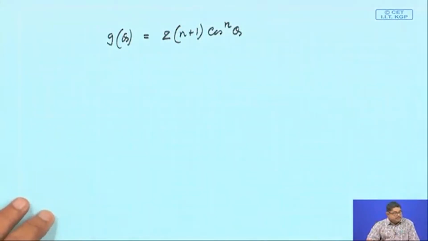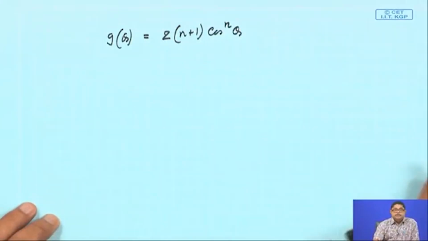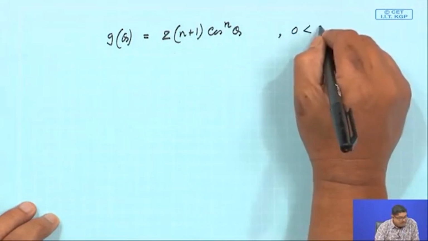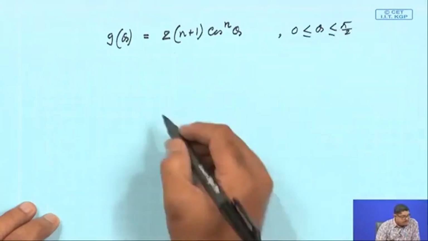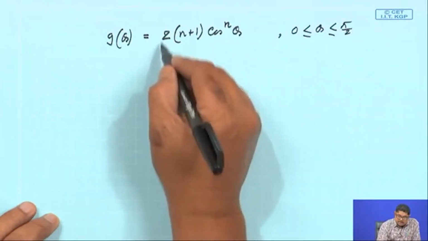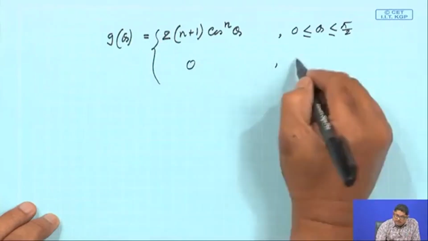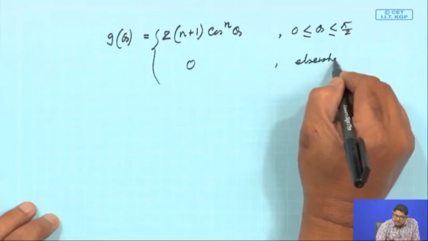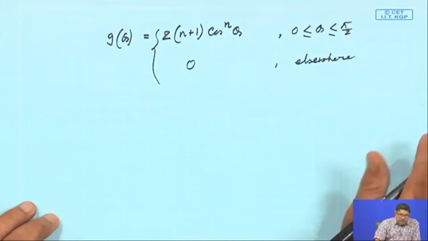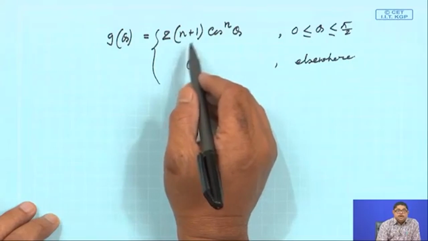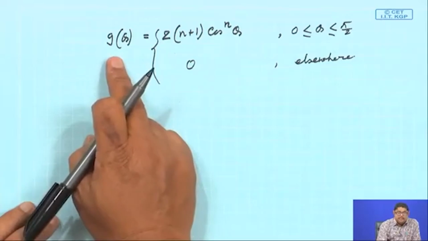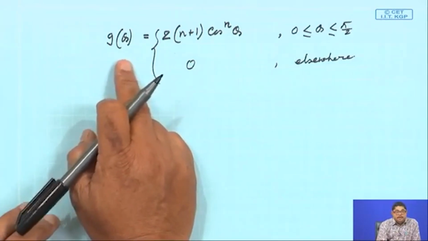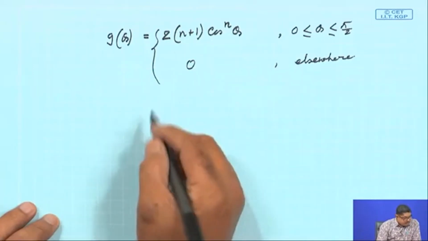That means, instead of sec 4 theta, we take cos theta to some power for theta from 0 to pi by 2, in this zone, and 0 elsewhere. Now, this factor 2 n plus 1 is chosen for a reason: if a feed has this power pattern, what is the total power radiated?